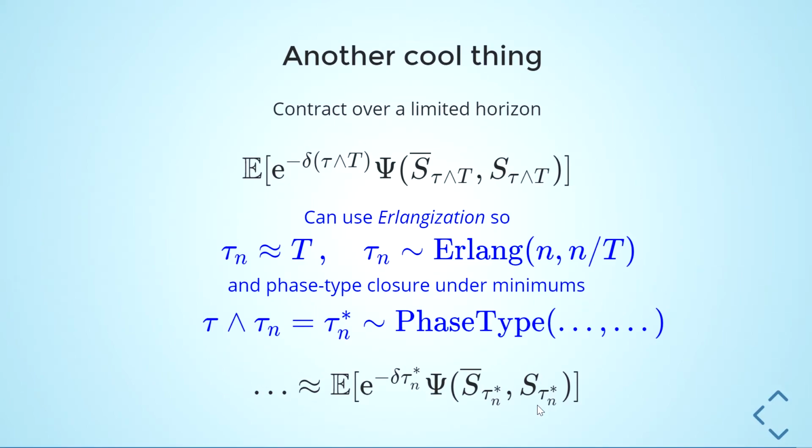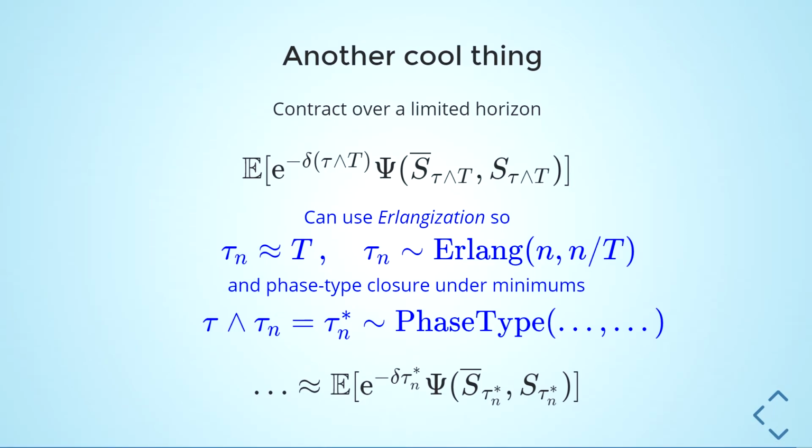And to refer to something I mentioned before, our same results can solve the problem where instead of just payoff at the time of death, you look at the limited horizon where it's whichever happens first, either some termination time T or death, the minimum of T and tau.